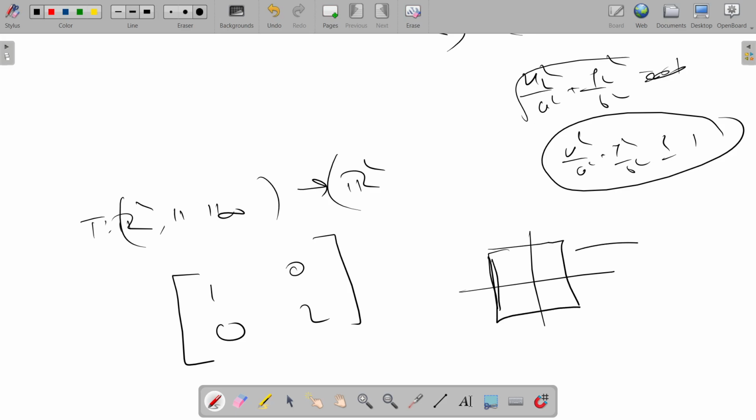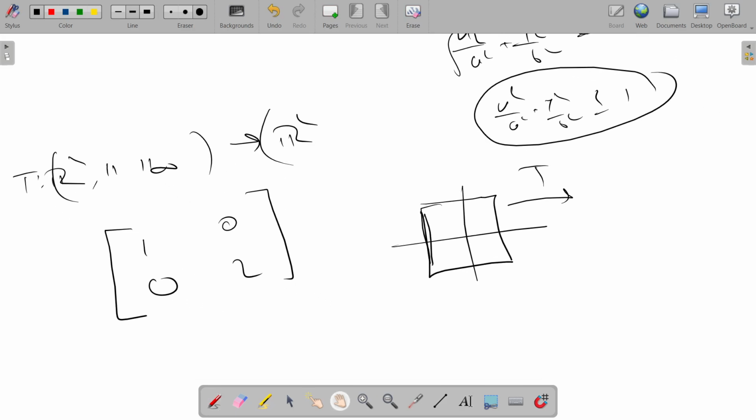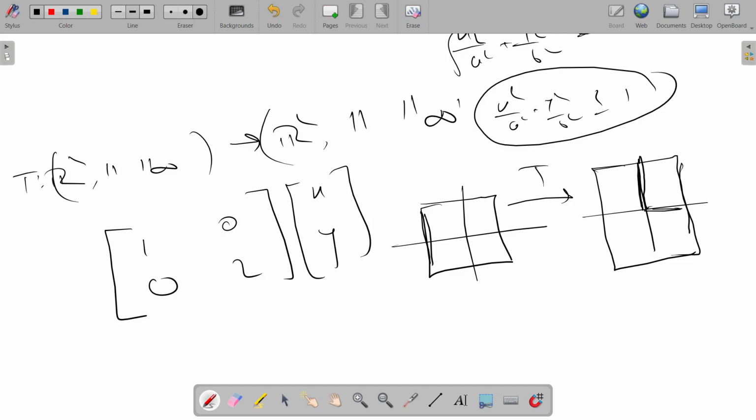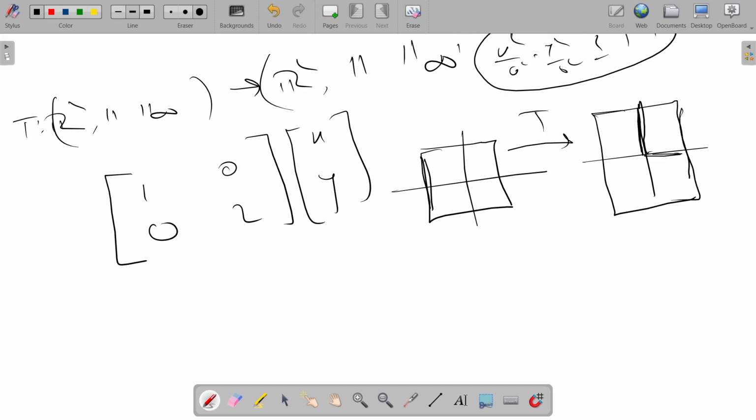Now using T, a bijective linear transformation, we will imbue a structure. So E1 will go to E1, so that is not a problem. And what about E2? We will stretch E2 by some number, let's say 2. So this will be a rectangle. And so we can define a new norm here, let's say infinity dash, such that the norm of x is nothing but the sup norm of Tx, since it's a bijection and we will always have a pre-image.